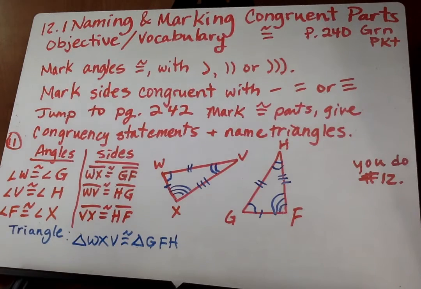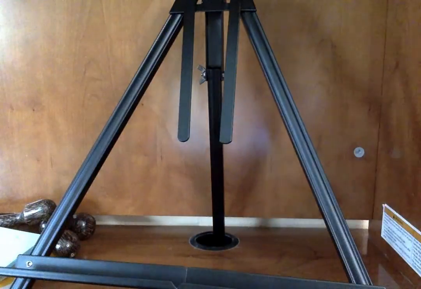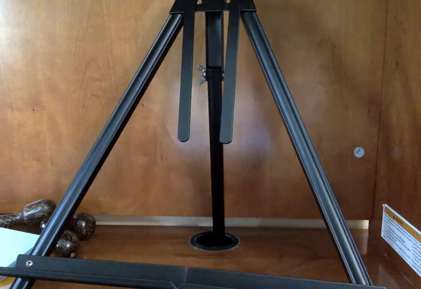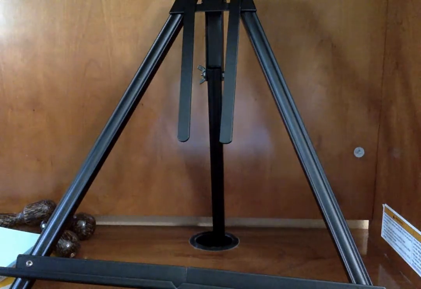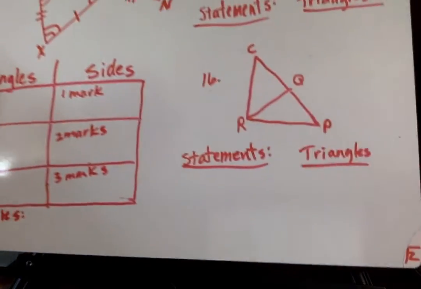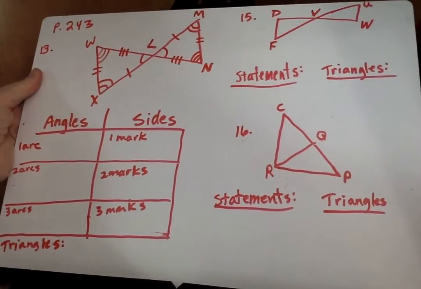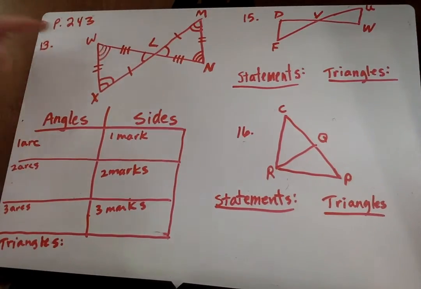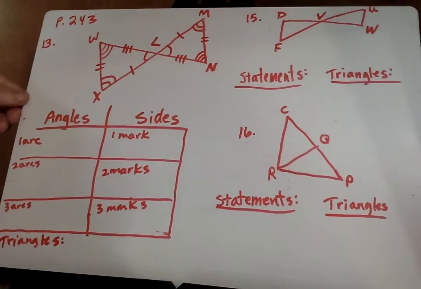We're going to move on to the next page, to page 243. Number 13. Now the triangle is drawn for you, and it's all marked, and you need to put the angles inside and then write which triangle is congruent.